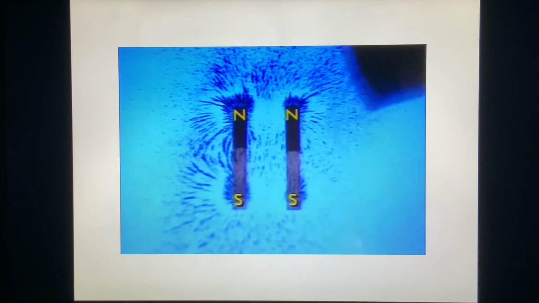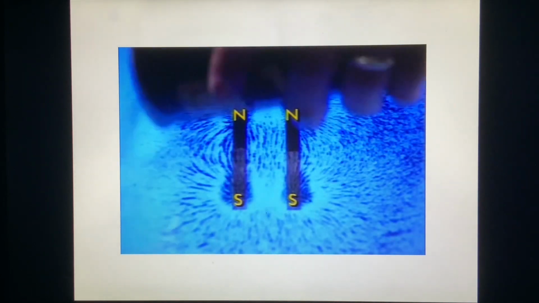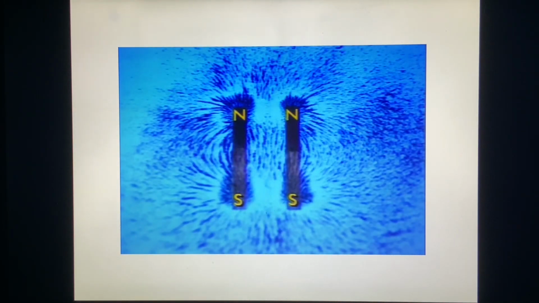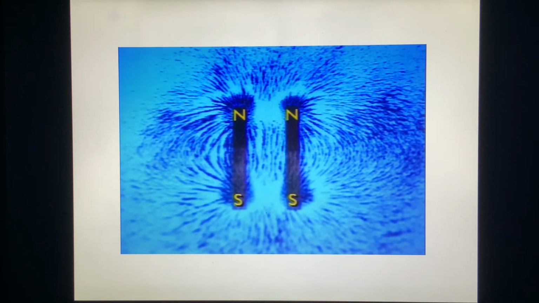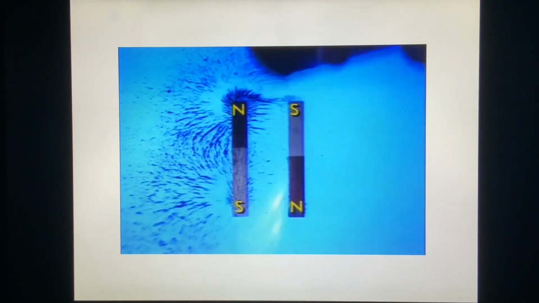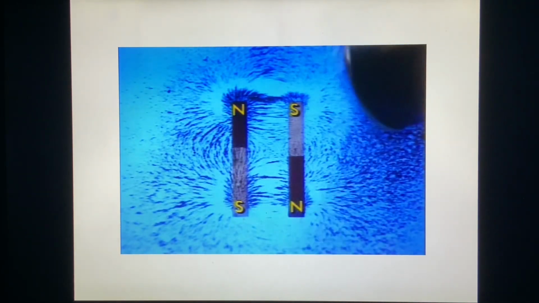Here are two parallel magnets with like poles facing. Here are two parallel magnets with unlike poles facing.